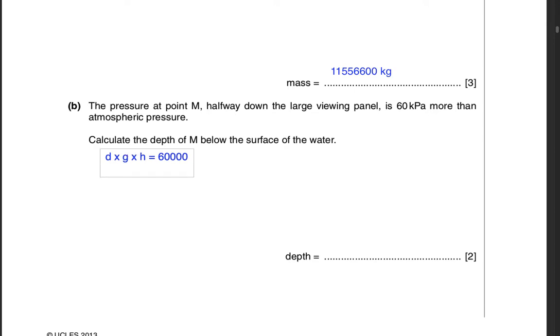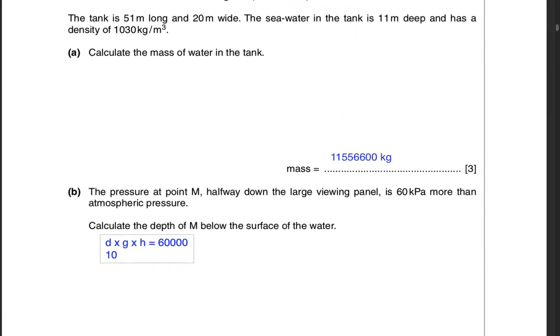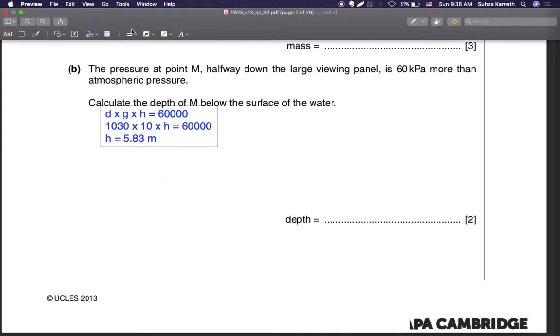Now you have density is 1030, right? 1030 into g, which is 10, into h, which we don't know, equals 60,000. h is equal to, simple, just calculate it using your calculator, 60,000 divided by 10300, 5.83 meters. So h is 5.83 meters.